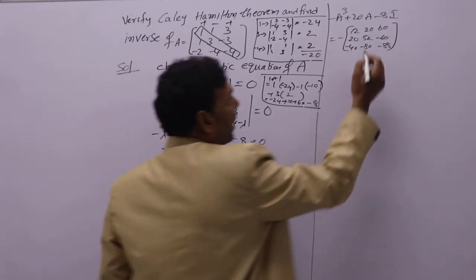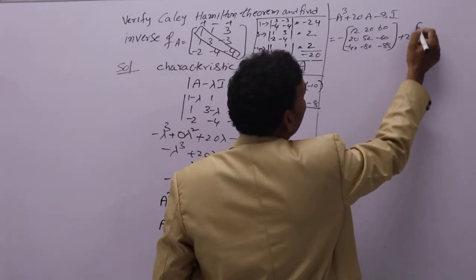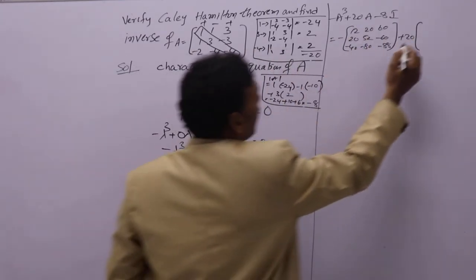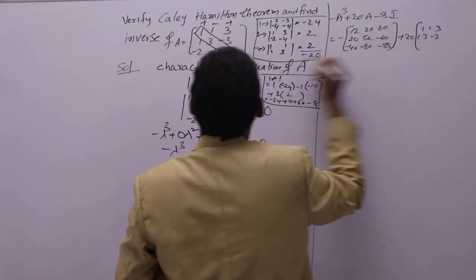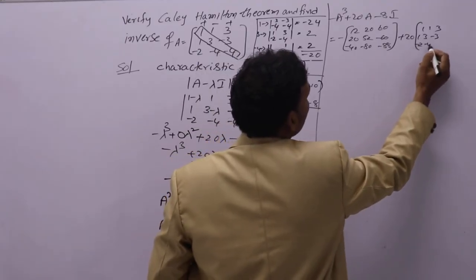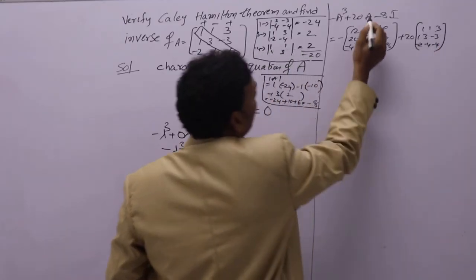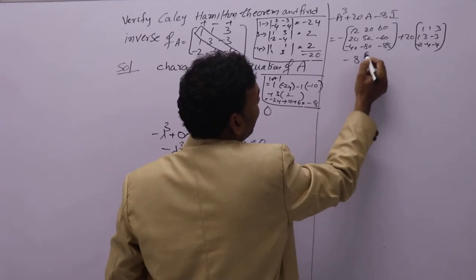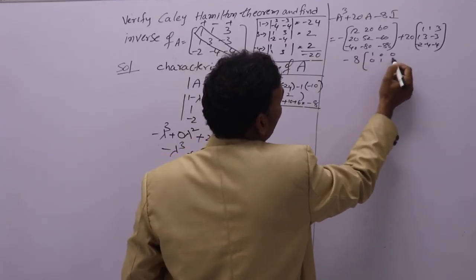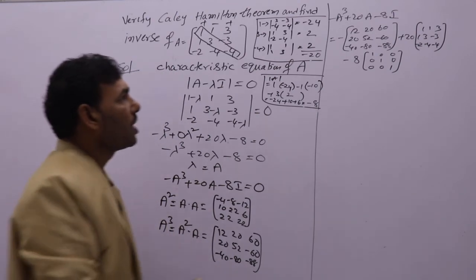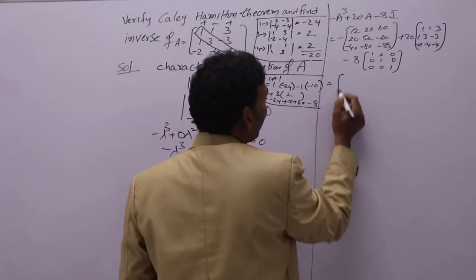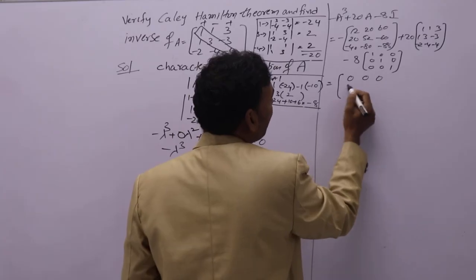Next we need to write 20A, the A value, and minus 8I, where I is the identity matrix of order 3. If you simplify this one, finally you have to get the zero matrix as the answer.